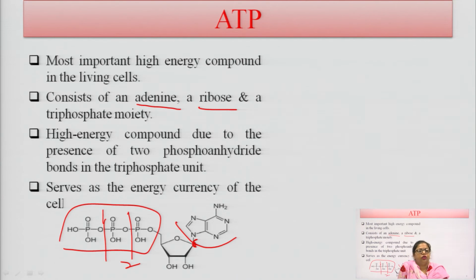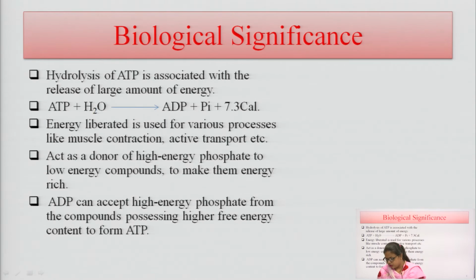In this ATP molecule, there is one adenine, one sugar molecule, and 3 phosphate groups.